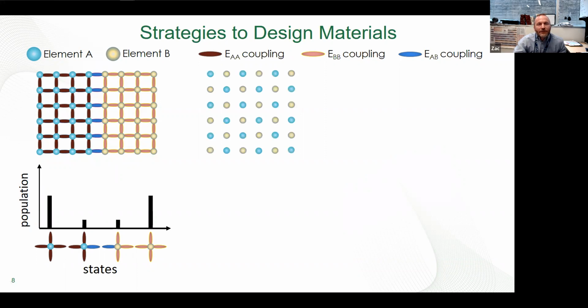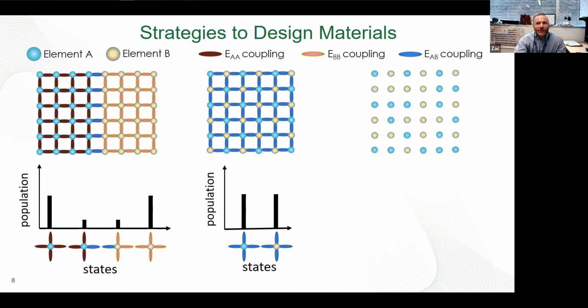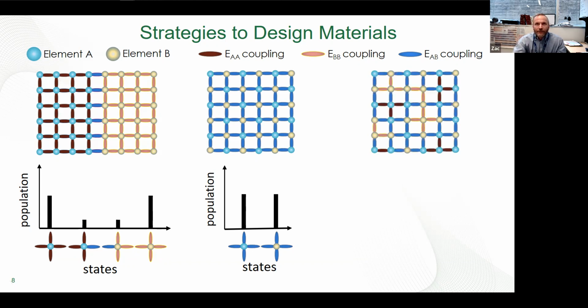If you want to control this, so let's say you want to design a material where you get a certain type of coupling between the systems, you can think that you're going to create something like this, where you mix 50-50 of each type, and that'll give you some sort of uniformity of state. But of course, in the real world, if you try to mix two different materials with each other, you end up getting some random distribution as those things are forming.